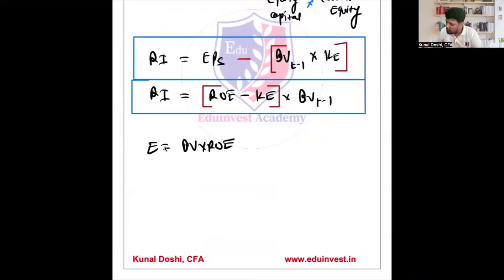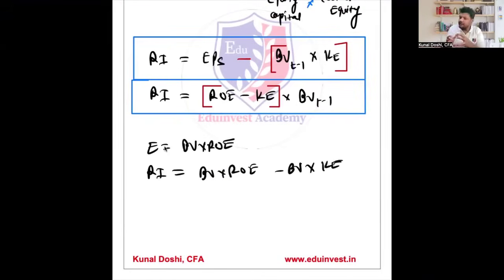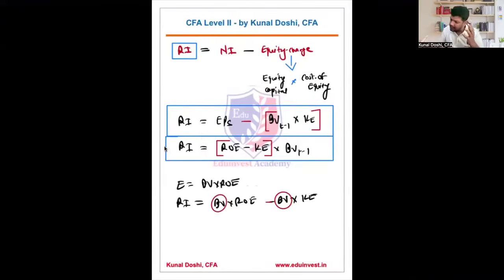Correct? So in the original formula where residual income is earnings minus the equity charge, I can replace earnings with book value times ROE minus book value times cost of equity. If I pull out the book value, the difference is ROE minus the cost of equity. So what you will eventually get is book value times ROE minus KE. Correct? That's the formula. Clear?